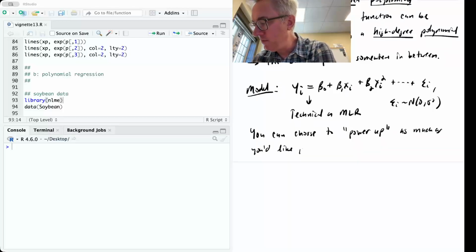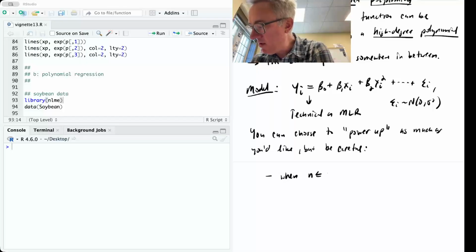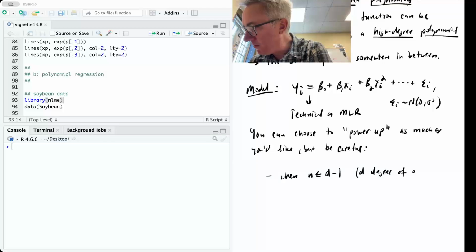But be careful. Why? When you have less data than the degree of the polynomial, where d is the degree of powering up, you get a perfect fit.